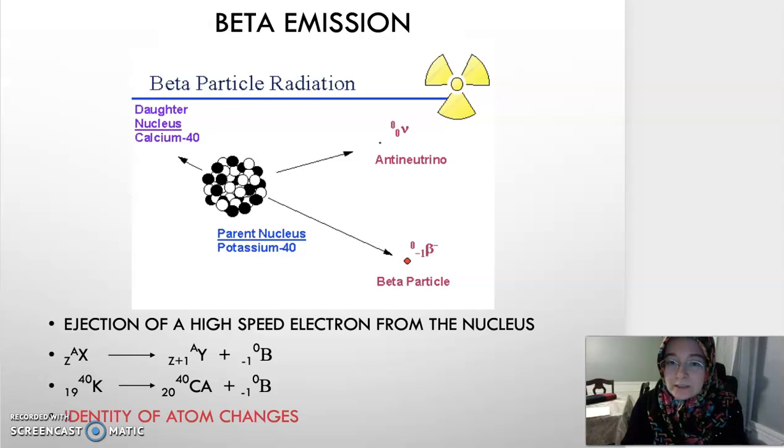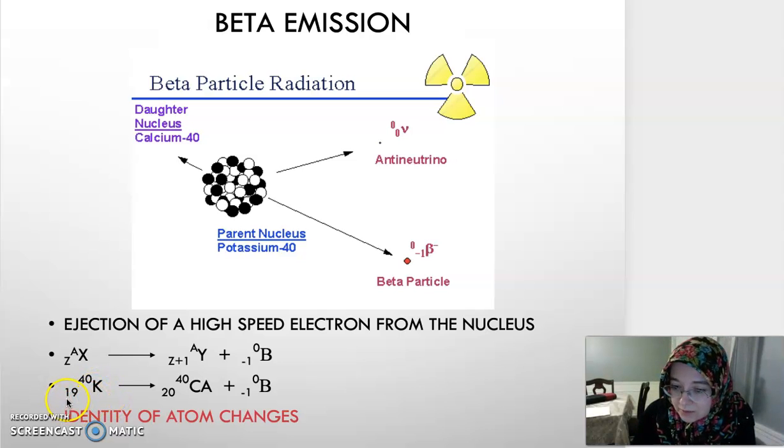And the next one is beta emission. Again, you will start with the parent nucleus, your radioactive unstable element. It is going to give off a beta particle. The beta particle is negative 1 proton, which is interesting, right? And 0 mass. That is how we write the general reaction. Let's talk about the example. Potassium-40 with 19 protons is a radioactive element.